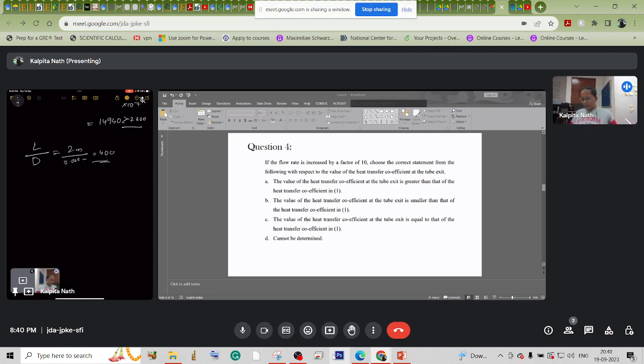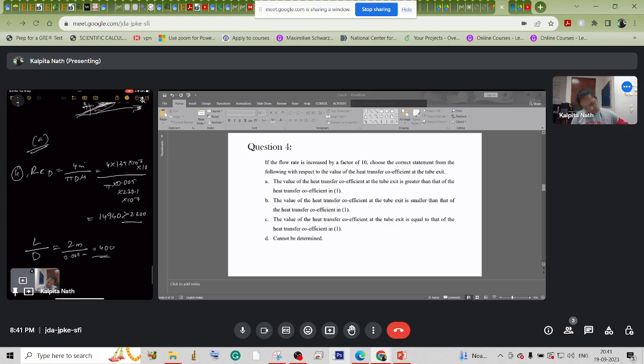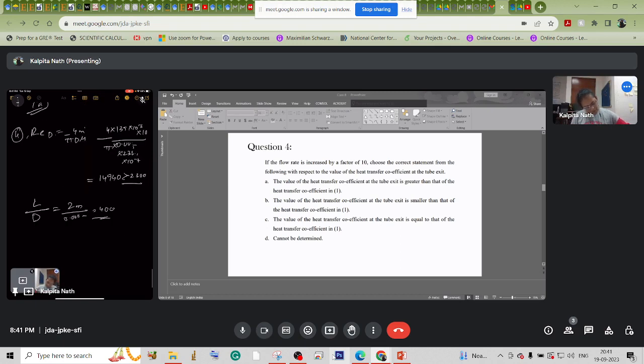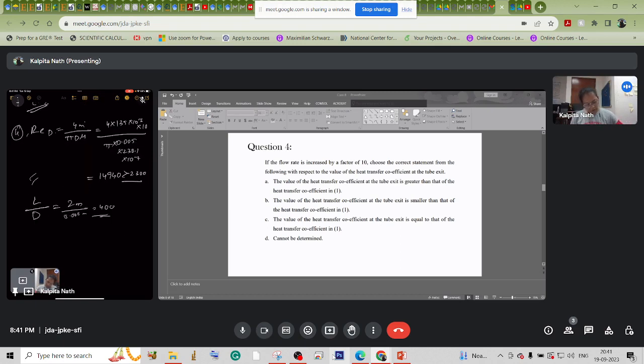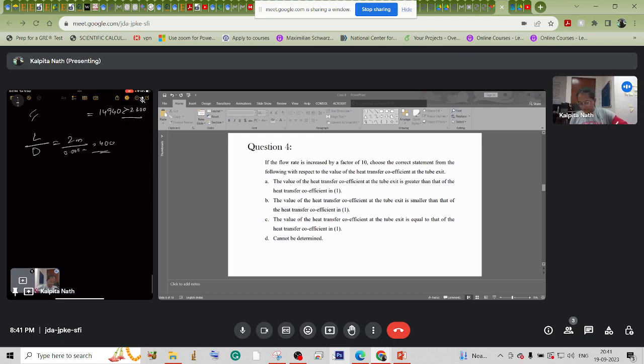The value of the heat transfer coefficient at the tube exit will be exceeding that in case 1. How? Because the flow is fully developed, but the flow is turbulent. So obviously, if the flow is turbulent, the heat transfer coefficient will be more. So this is option A.